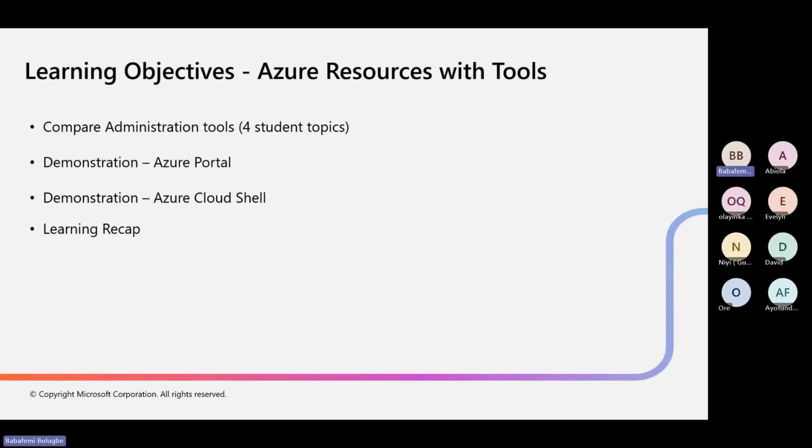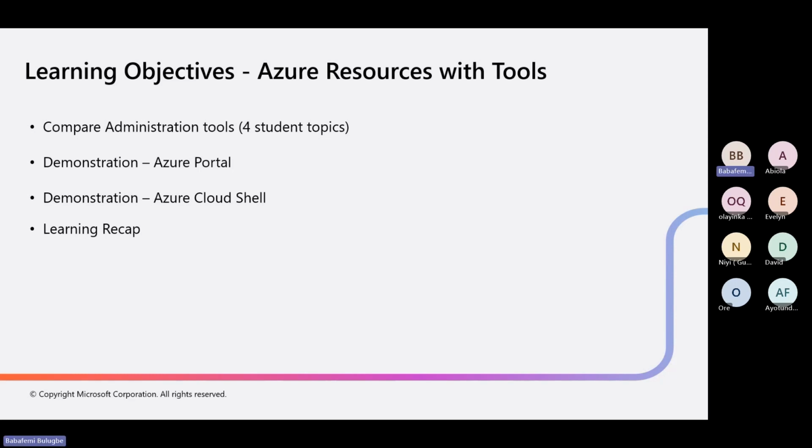Then the Cloud Shell, which is the browser-based command interface. Then we have the CLI, the command line interface, which is downloadable. We have the Linux version, which is Bash, and the Windows version, which is PowerShell.